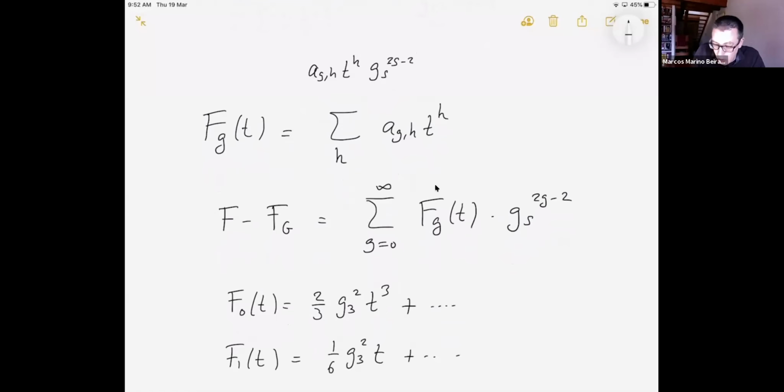So here you have to be careful about the way you organize the expansion. You see, we started this game by organizing the expansion in powers of g_3. Okay, so more interactions meant more powers of g_3.